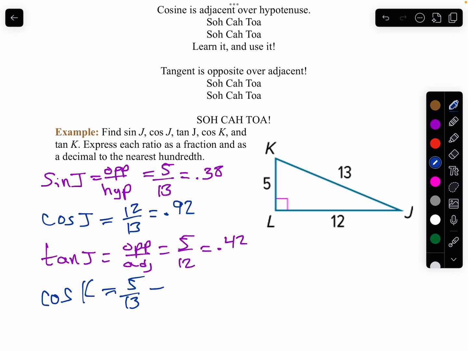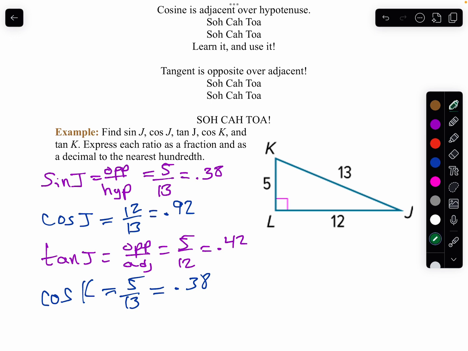Notice we've done 5 over 13 before. That's 0.38. The cosine of K and the sine of J are always going to be the same. Always.